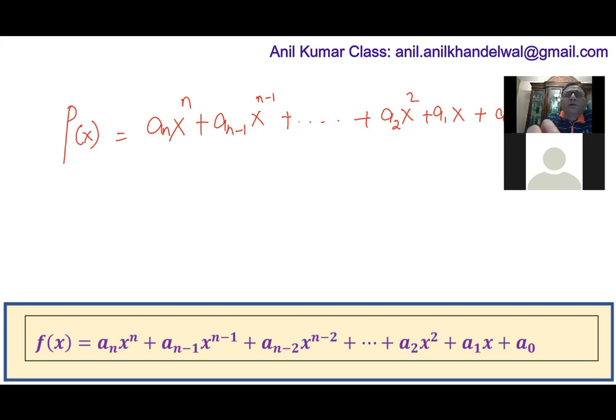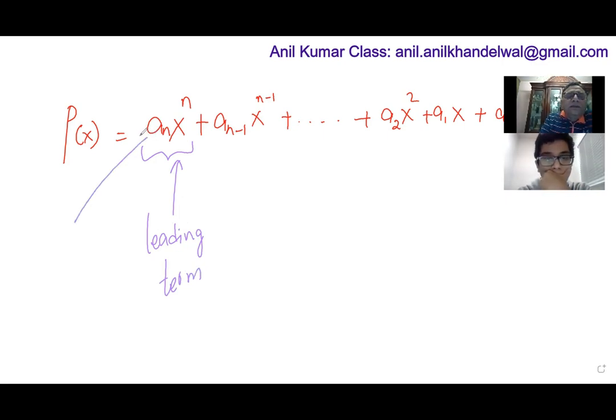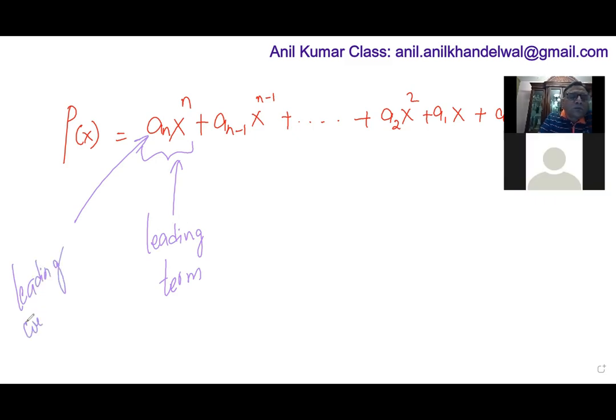In any polynomial, a very important term is the leading term. So these are each terms, right? This is the leading term, and a_n is called the leading coefficient.